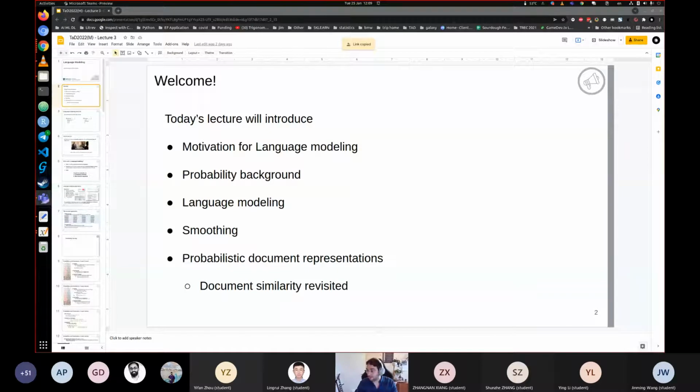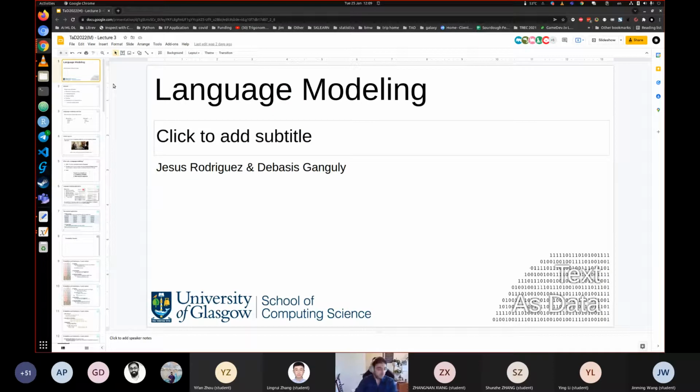Yeah, I put the link here, and this one, language models. And you should have it now in Moodle. Good.